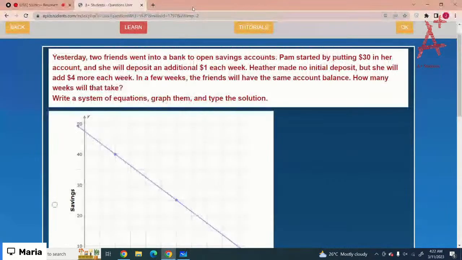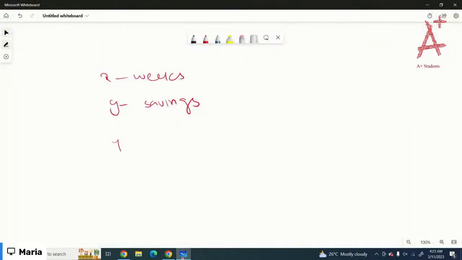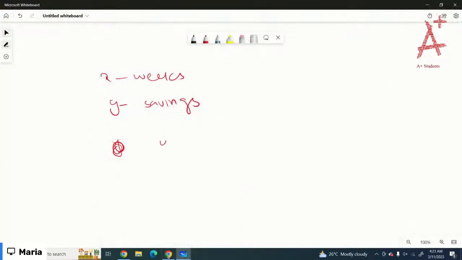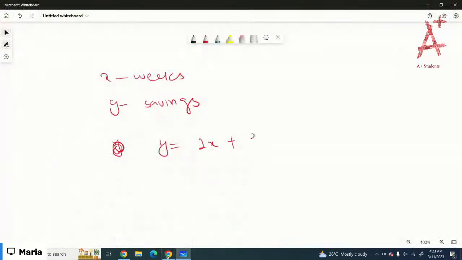The first one: Pam started by putting $30 in her account and she will deposit an additional $1 each week. So week is x, and y equals 1x plus 30, because she opened the account with $30.